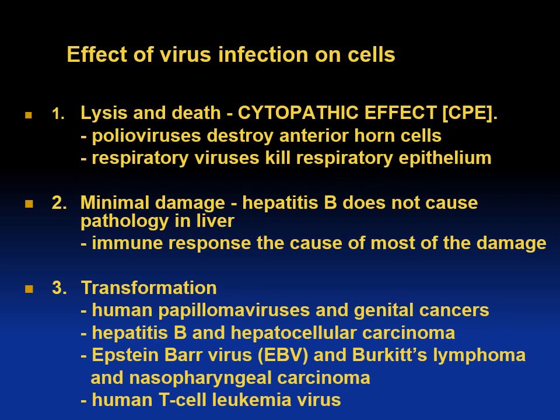This is noticed with many viruses such as human papilloma and genital cancer, hepatitis B and hepatocellular carcinoma, EBV or Epstein-Barr and Burkitt's lymphoma and nasopharyngeal carcinoma, and human T-cell leukemia virus. All these viruses have the capability of transforming cells and making them cancer cells.